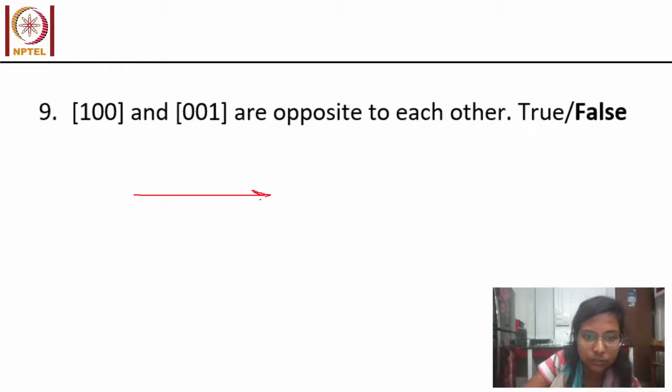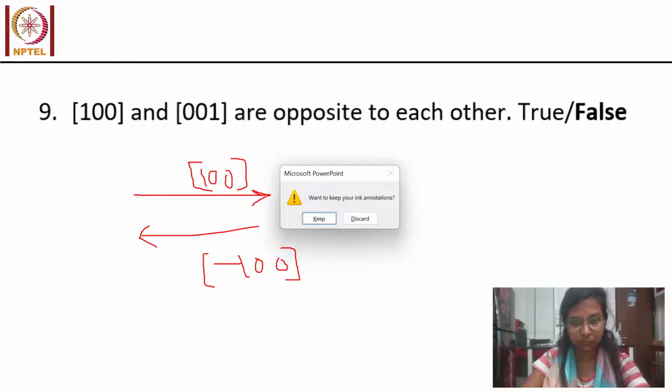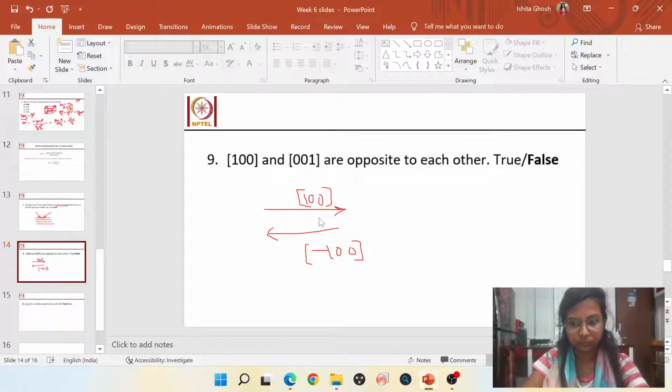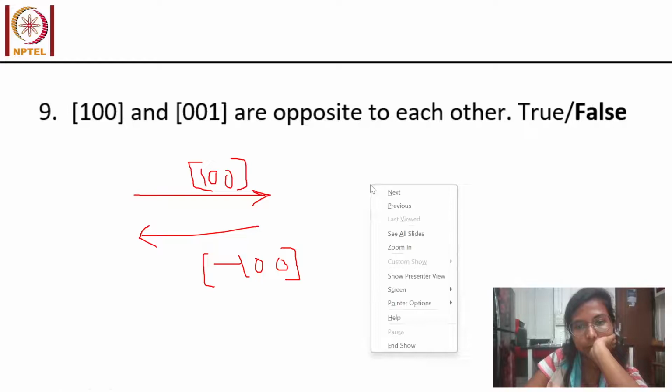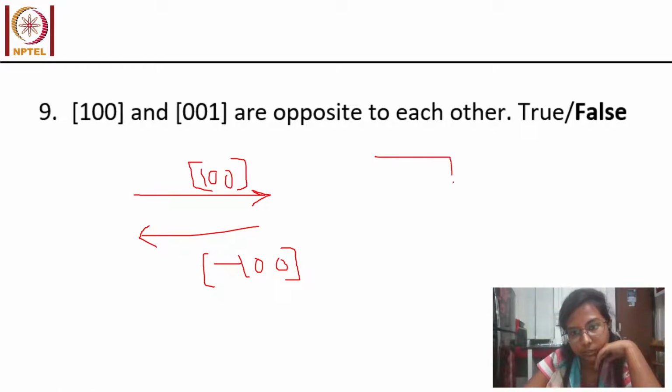if we have a direction which is my 100, then the opposite direction will be minus 100, right? We have learned about finding the Miller indices of the directions, right?